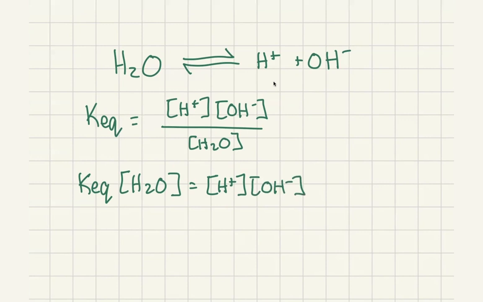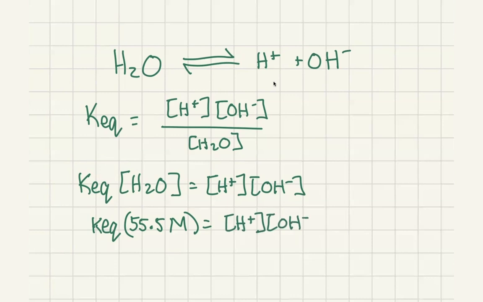Now, the concentration of water is so crazy high, like 55.5 molar, that we always assume it's going to be 55.5 molar, and therefore we can lump it in. So we can say that our KEQ times this 55.5 molar equals H plus times our OH minus.